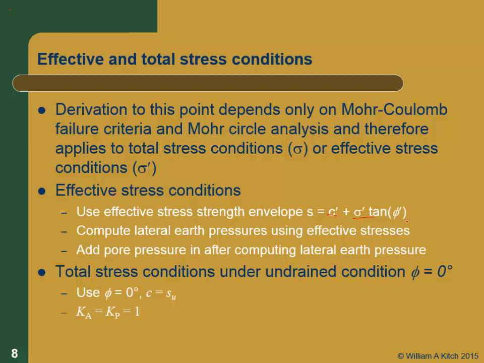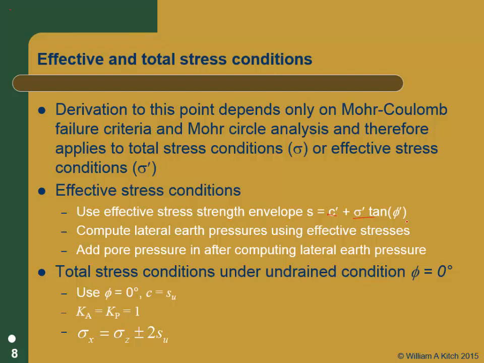because 1 minus sine phi is 1 minus 0, over 1 plus sine phi, which is 1 plus 0. So that's 1 over 1, and the inverse of that is 1. Which is why the lateral earth pressure coefficient for water is also equal to 1, because it has no friction.